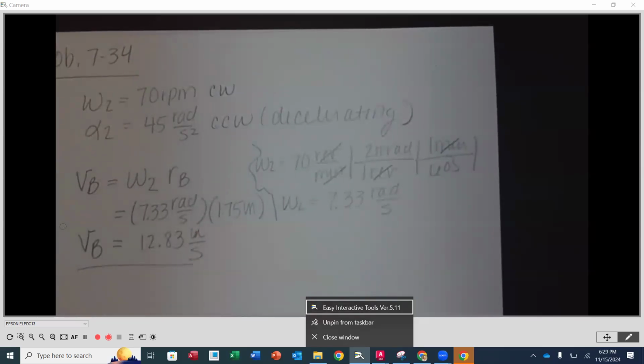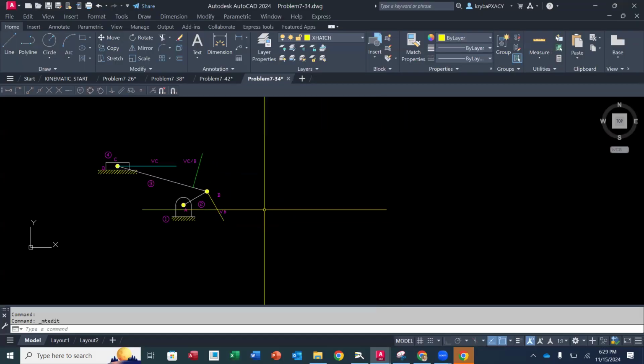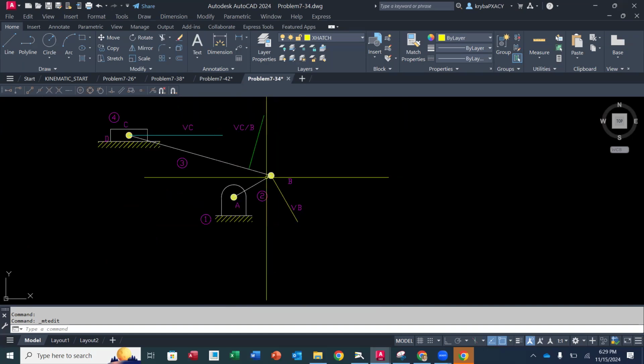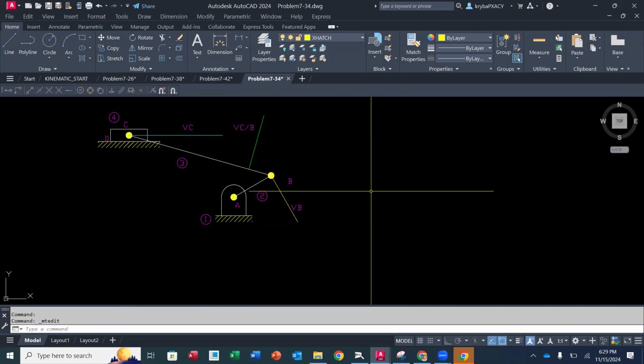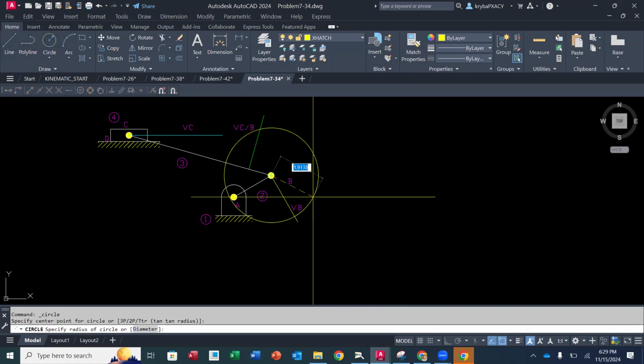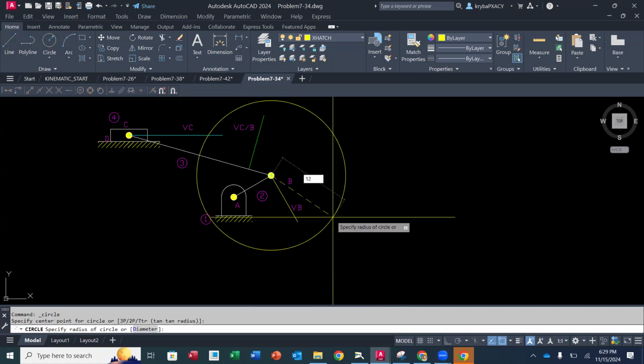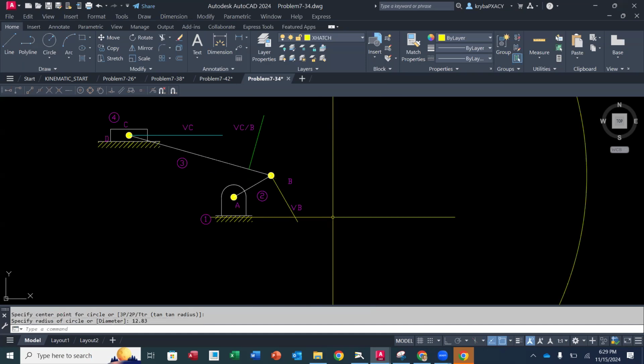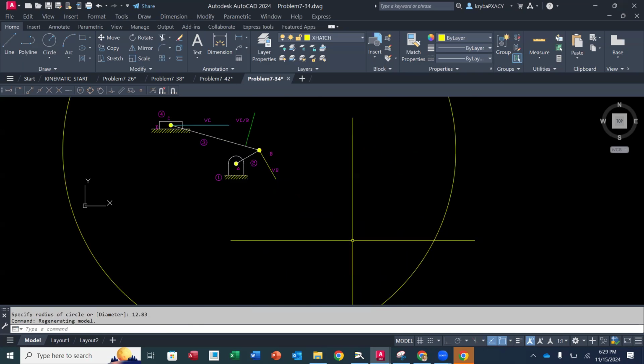Okay. So that sets the length of that vector, so I can draw this then. Now this was 1.75, 12. I'm going to do it 1-to-1 ratio because it's not going to be terribly big, I don't think. So 12.83. Oh, kind of big.